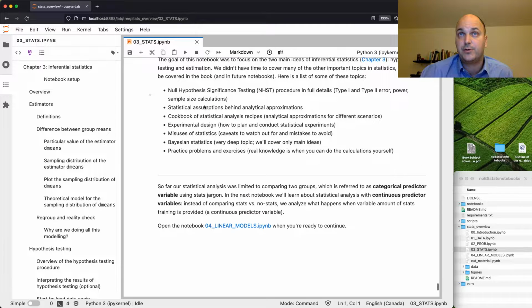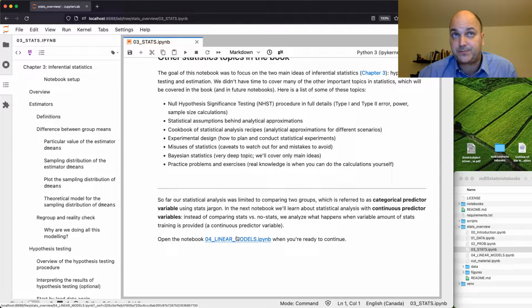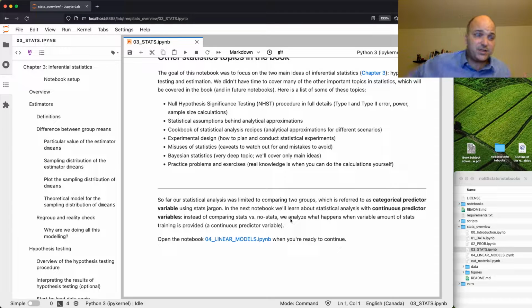Chapter 3 of the book, which is the main chunk. There is another topic though called linear models. Essentially, up until now, we were just comparing two groups, like 100 hours of statistics or 0 hours of statistics.